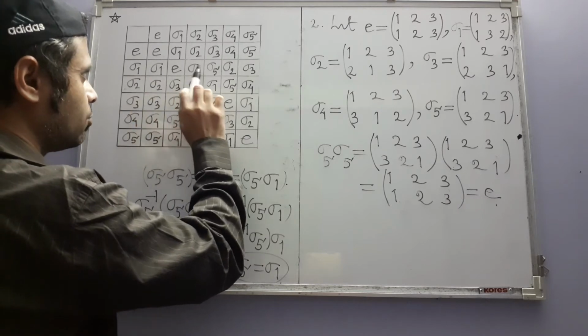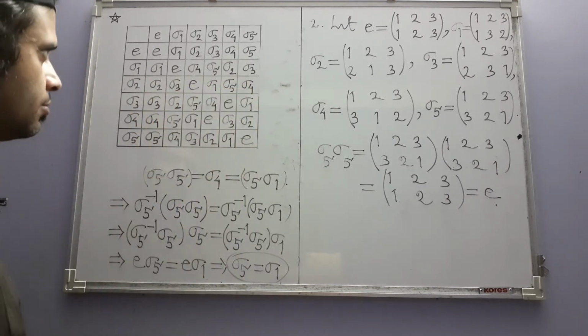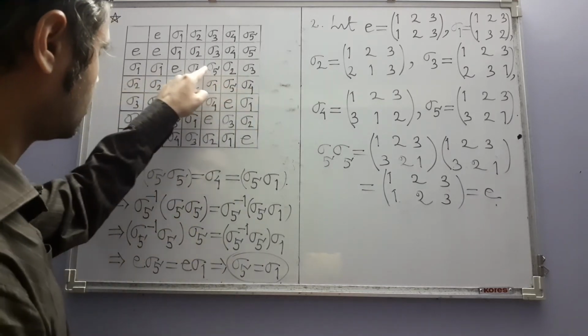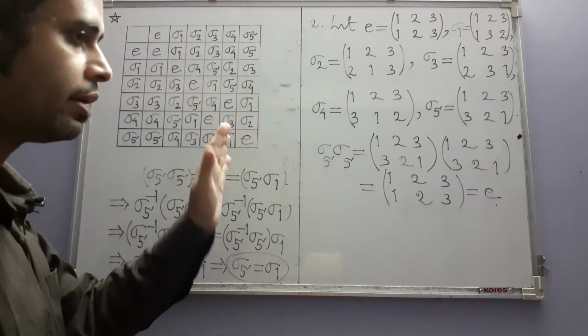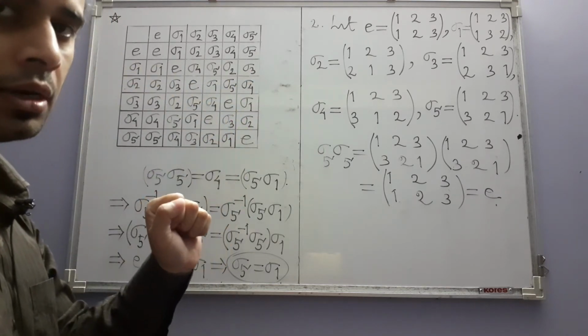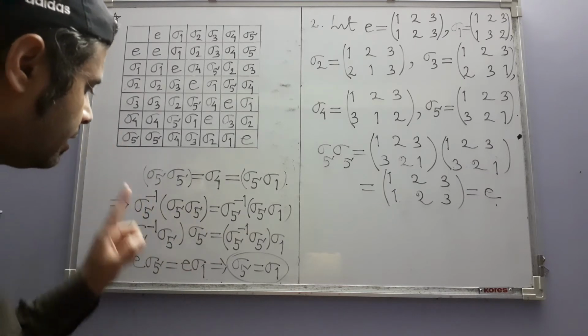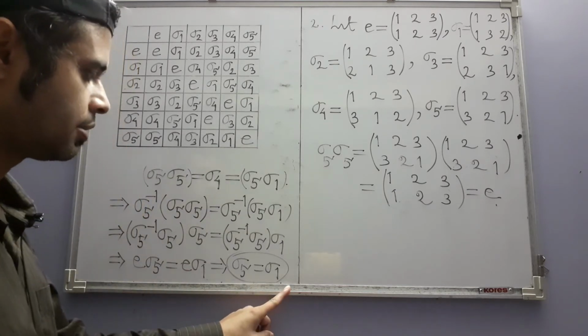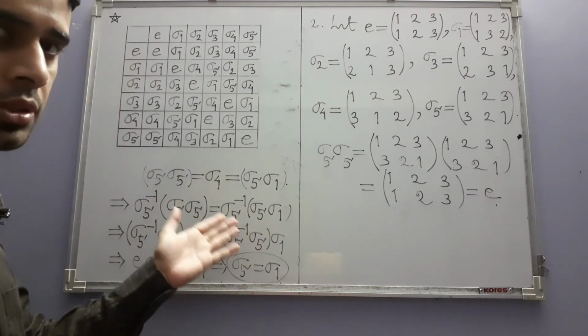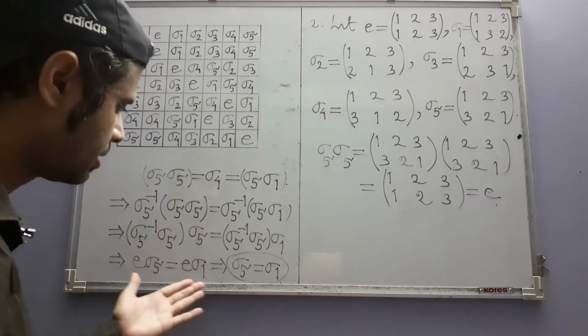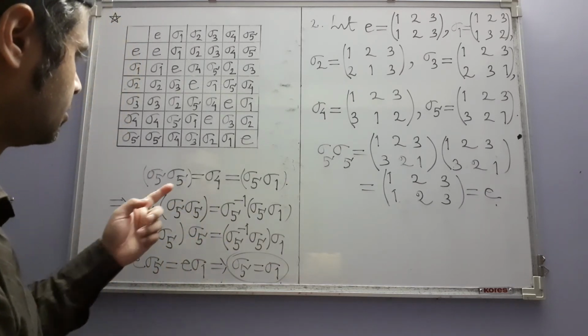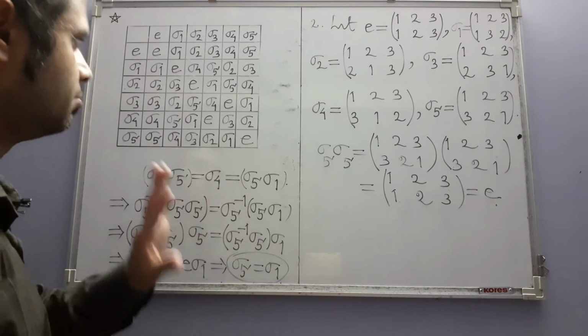Sigma 1, E, 4, 5, 2, 3. Along a row you will never get repeated elements. If you suppose that there is such repetition, you end up with a contradiction like this. So there cannot be any repetition.